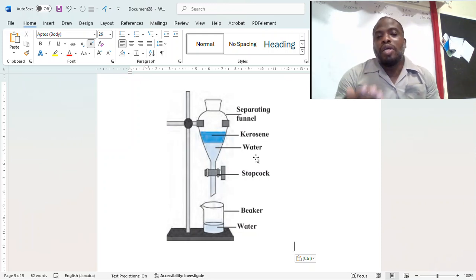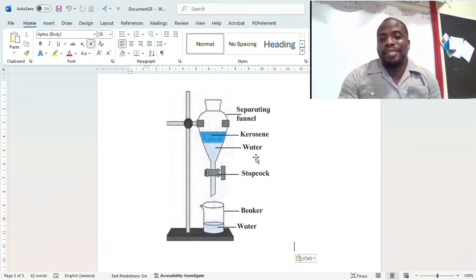Because one is non-polar, one is polar, they're not going to be mixing, so they're immiscible. So that's one of the things that we bank on for the separating funnel. So we could not use this for ethanol and water because both are miscible.